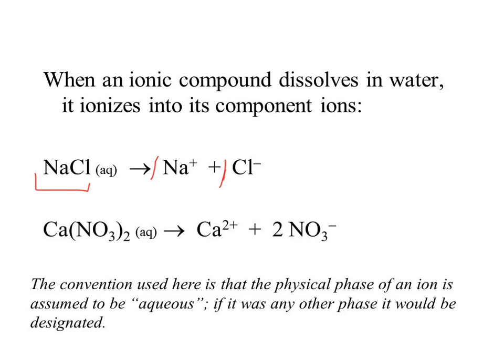We haven't talked about Na being a +1 and Cl being a -1, so for your homework, just recognize that Na and Cl are going to break apart. Don't worry about the charges for now.